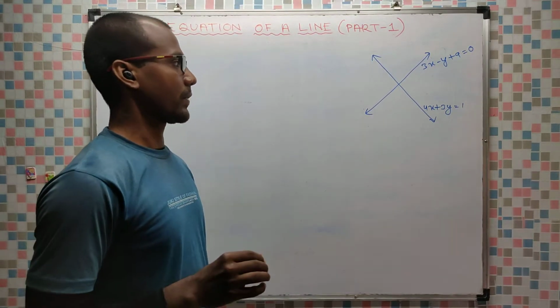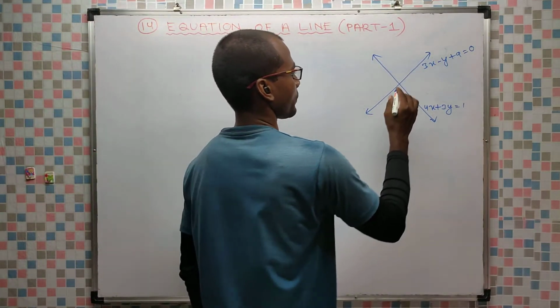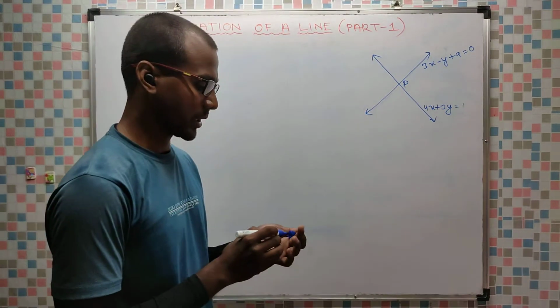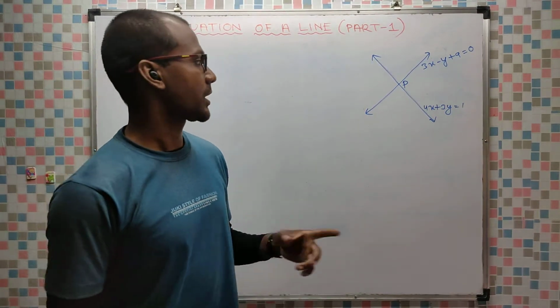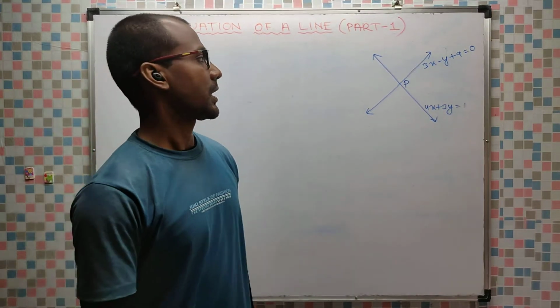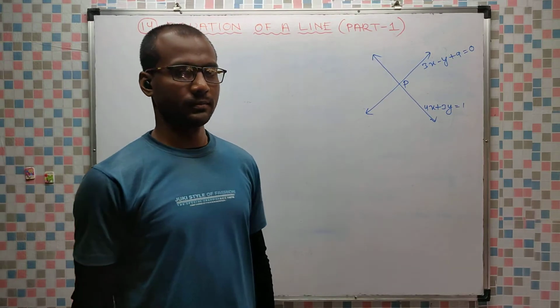First, we have been asked to find the point of intersection of these two lines. You can see this is the point of intersection. Let this point be P. We are required to find the coordinates of this point P. So how to find the coordinates? In class 9 you knew how to find the coordinates using graph paper.